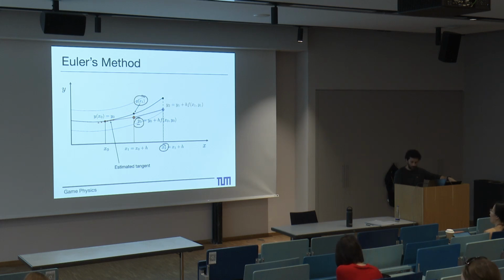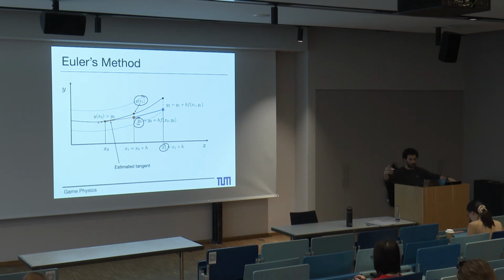And using this information, we find our next point, and so on and so forth. And as you can obviously tell, the more steps we perform, the more it's possible that we deviate from the original trajectory, because there is always an error with respect to the first point that we estimate.